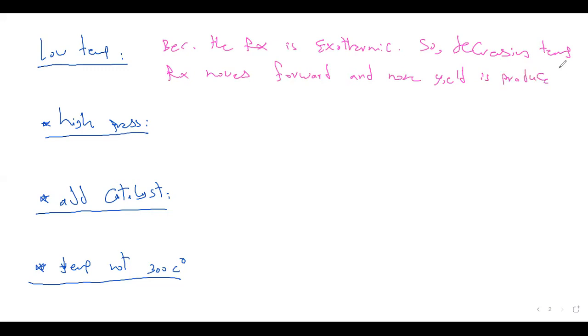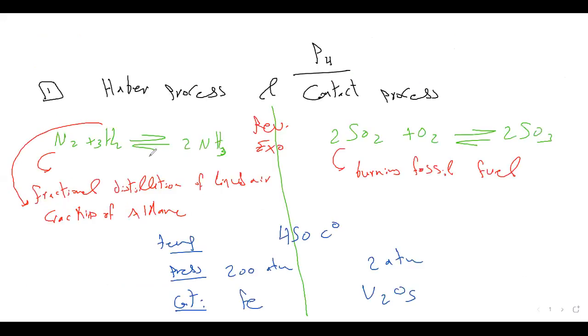In case of high pressure, why are we using high pressure? Pressure depends on number of moles. By increasing pressure, the reaction moves to the less number of moles. We have 4 moles and 2 moles, 3 moles and 2 moles, so the number of moles of reactants is greater than product.